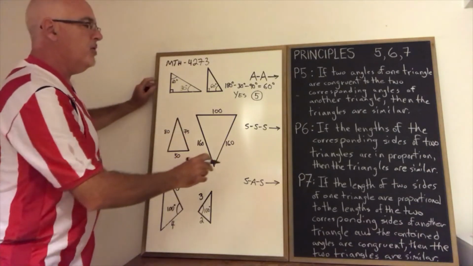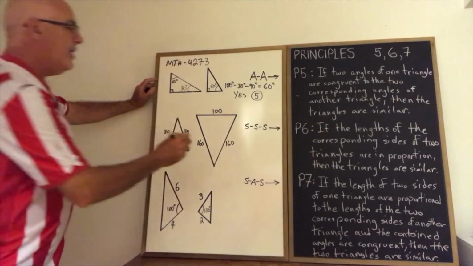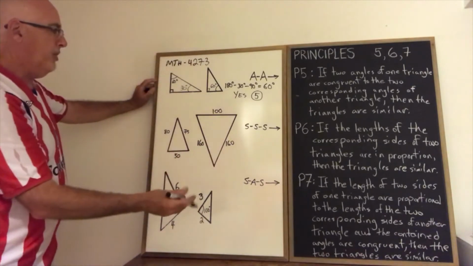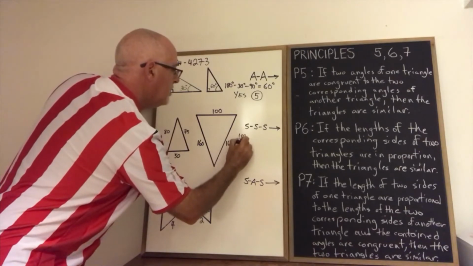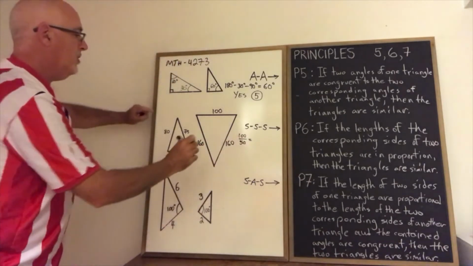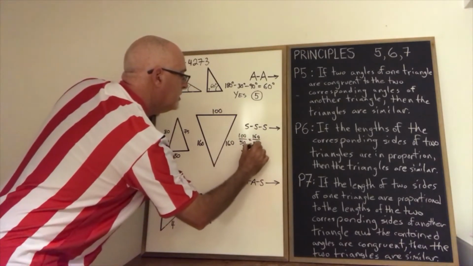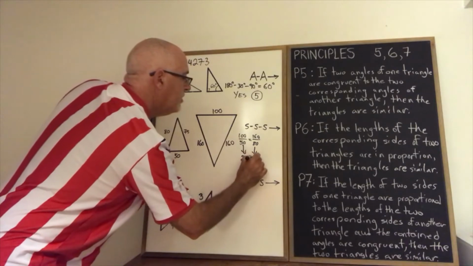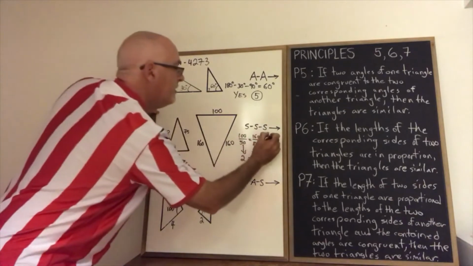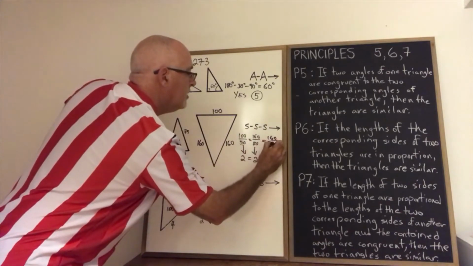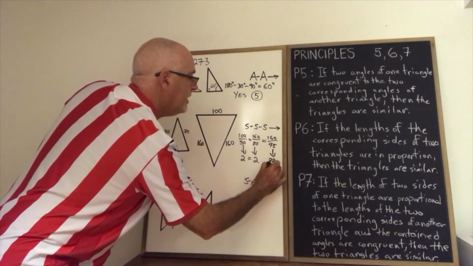In the second pair of triangles, we only know sides. And so we want to try to apply Principle 6, where we're seeing if the corresponding sides are in proportion. And what I can do is build what I call a triple proportion. 100 over 50 is equal to 160 over 80. Both of those simplify to give 2, but that is not equal to 160 over 75, which actually reduces to 32 over 15.